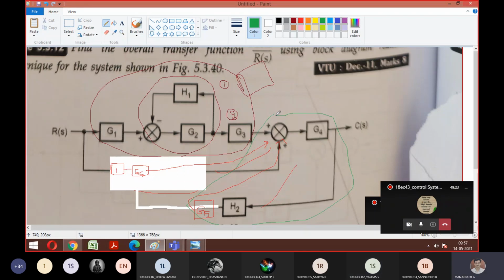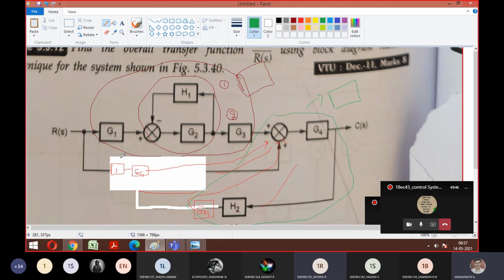Yes, sir. So now what can be done? So G5, G2 become cascade. That answer you can do elimination and you can get the answer for this. Okay? So here you got reduction. I am going to reduce this complete diagram to one single block. So similarly here also. So here you can do what? Will you do parallel or will you do feedback?